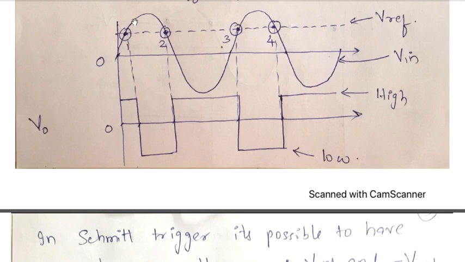From 1 to where? Till the next intersection point. So, from 1 to 2, this is the waveform. What do I need to do? I need to compare the sine waveform with the reference voltage, that is this DC line. So I ask the same question: is V input less than or greater than V reference? Obviously, because this is above the reference voltage, I would say V input is greater than V reference.